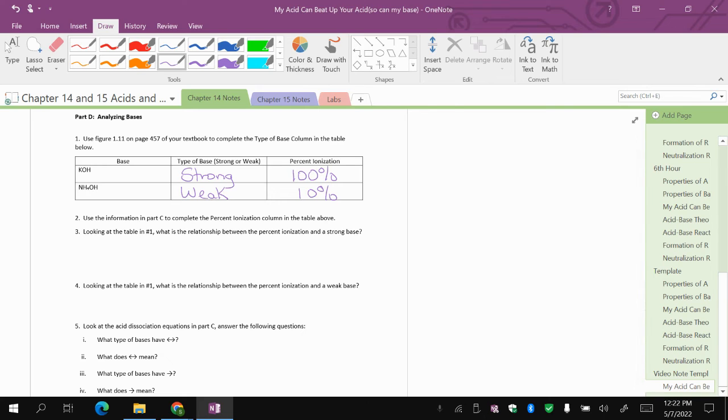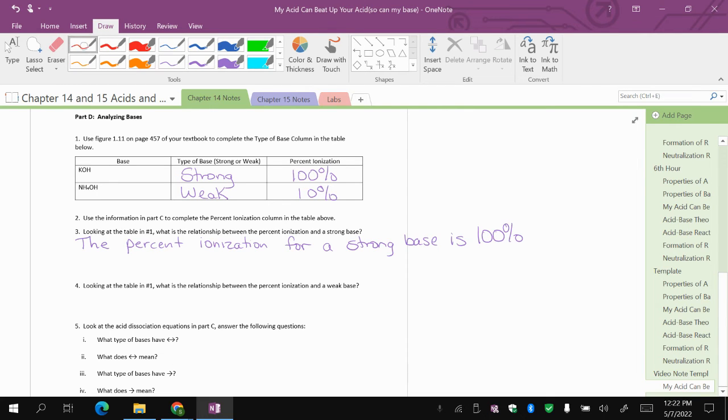And so the percent ionization for a strong base is 100%.